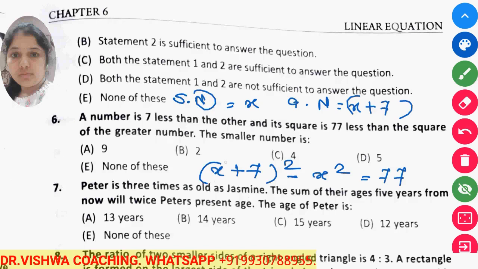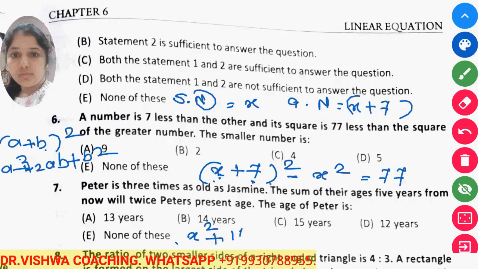Now put the values in the equation. Now for this (x plus 7) square, you can use the formula (a plus b) square is equal to a square plus 2ab plus b square. So here instead of a, your x variable is there and b is a constant. So the equation will become x square plus 2 into a and b, 2 into x and 7, so plus 14x plus b square, means 49, minus this x square is equal to 77.